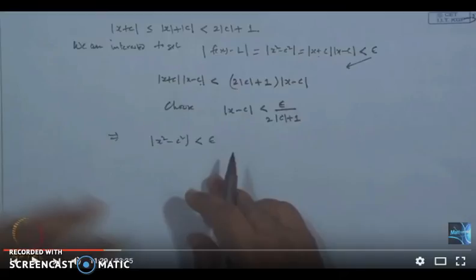What we observe is that mod of x plus C times mod of x minus C is less than 2 times mod of C plus 1 times mod of x minus C. So if we choose mod of x minus C less than epsilon over 2 times mod of C plus 1, then what we obtain is that mod of f of x minus L, which equals mod of x squared minus C squared, would be less than epsilon.